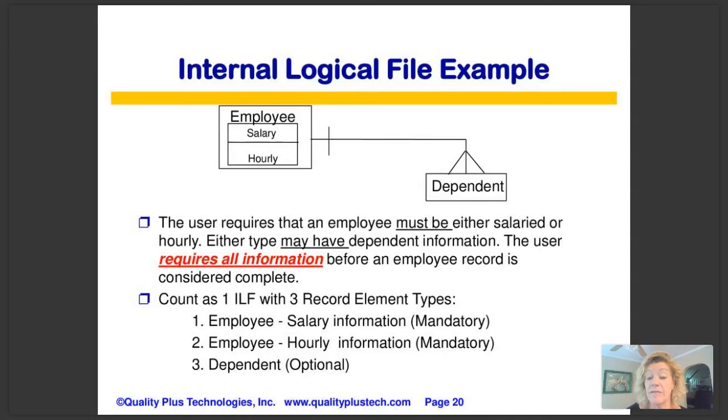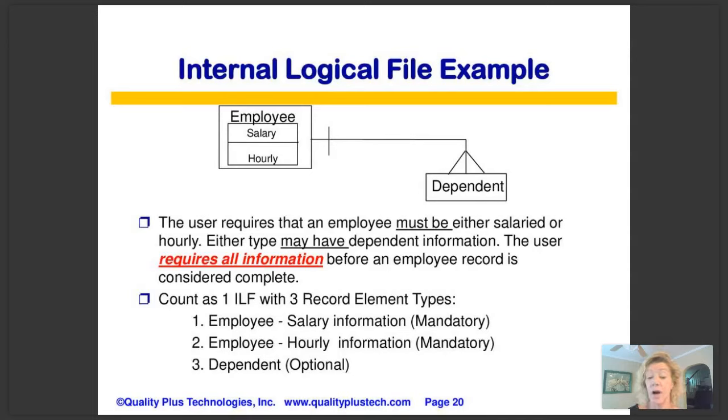That tells me I have two record element types, two subgroupings of data. Either type may have dependent information. That means I have an optional subgroup, an optional RET. And remember, record element types or RETs can be mandatory or optional.